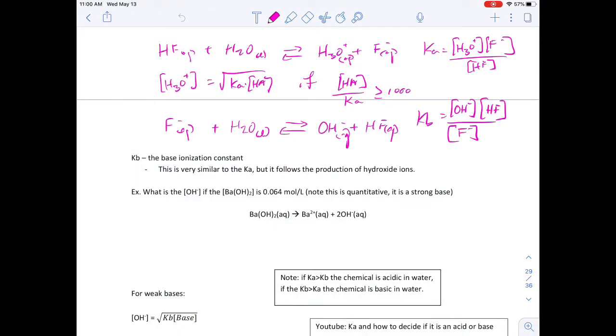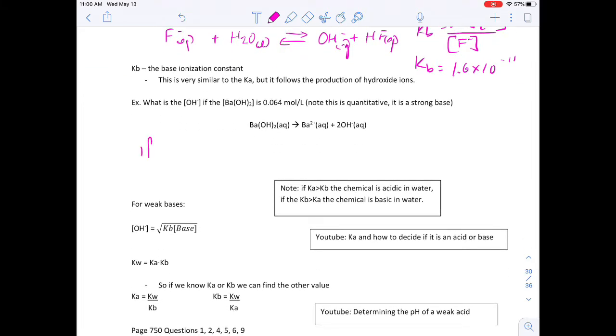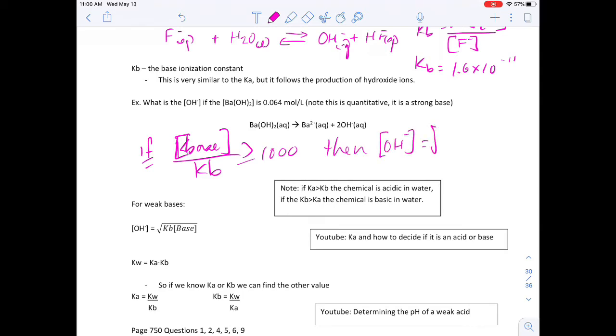So, going back to our equilibrium notes, the Kb here we determined was 1.6 times 10 to the negative 11. And again, if the concentration of base divided by Kb is greater than or equal to 1,000, then the hydroxide ion concentration will equal the square root of the Kb times the concentration of the base.